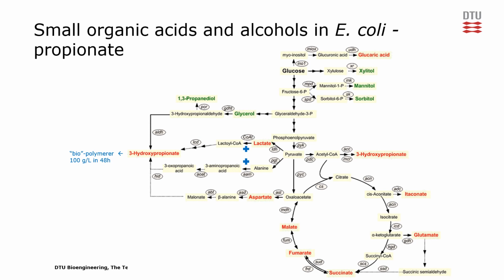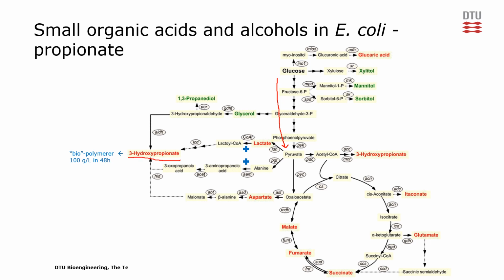We will start with growing our E. coli on glucose or another sugar source. As you can see, the glucose is then oxidized down to pyruvate that we have down here. That pyruvate can then be fermented into lactate, which we just talked about, or alanine or other chemical molecules. For example, it can be turned into 3-hydroxypropionate, which we have here on your left-hand side.